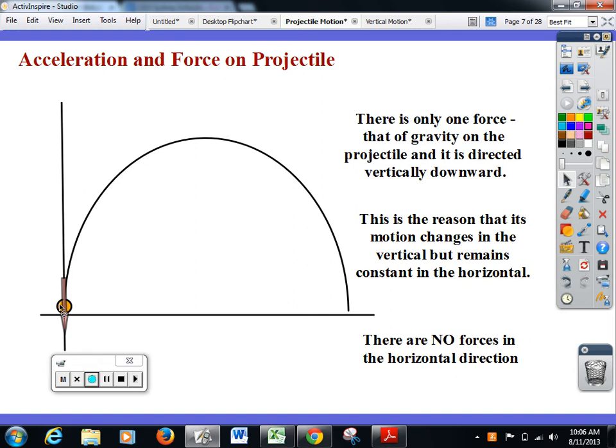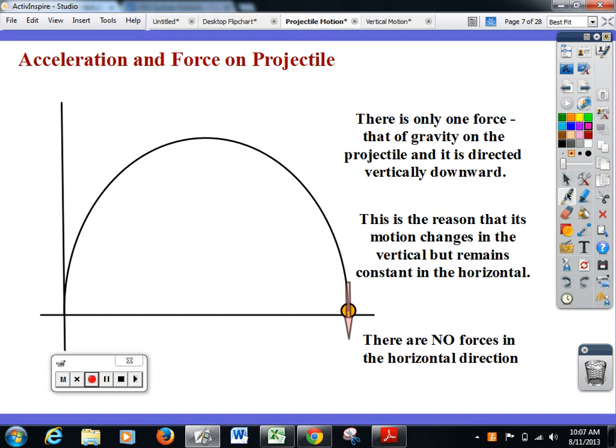What's the technical name for force of gravity? Weight. At that point there, has the mass of the ball changed? Has g changed? So has the weight force changed? No. So the weight force is still pulling it down. It doesn't matter where it is, the force of gravity is pulling it directly down. That's what's causing the variable velocity to go down.